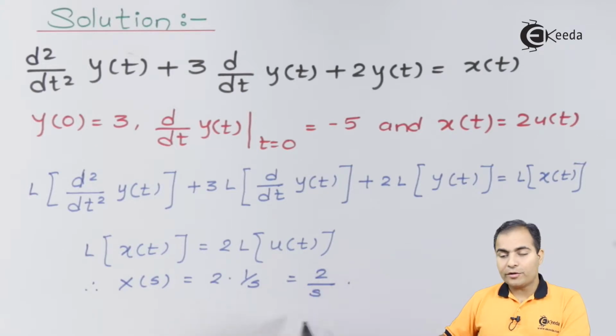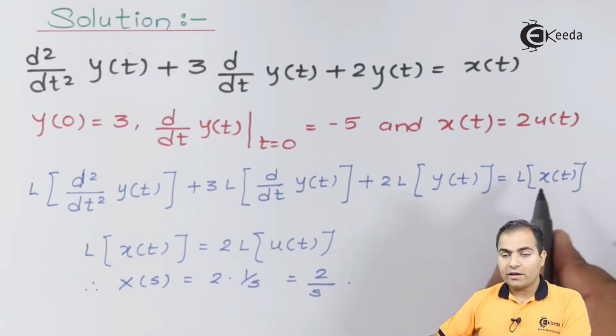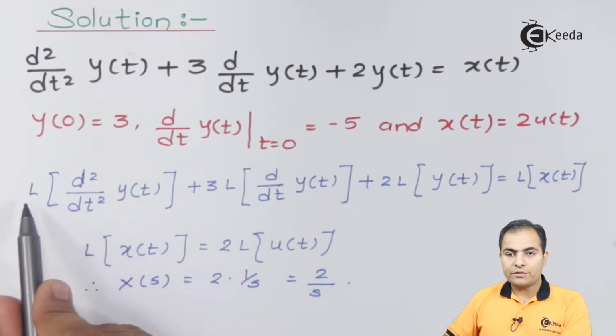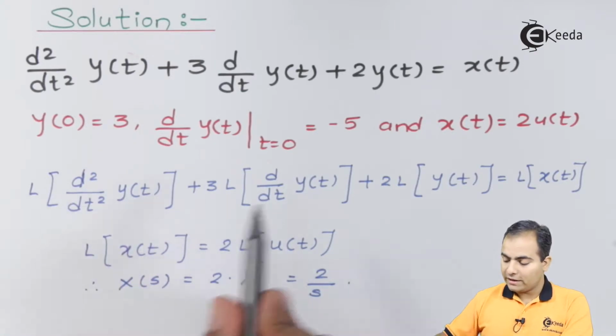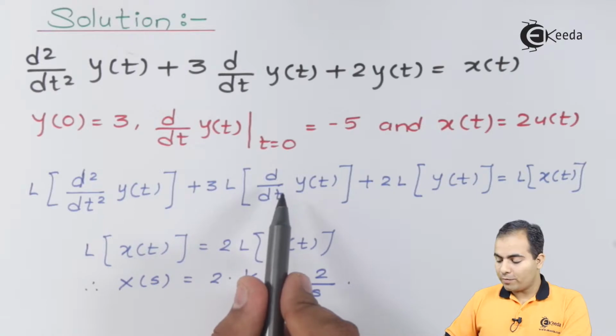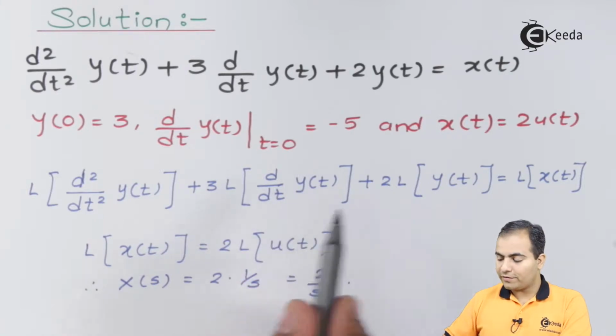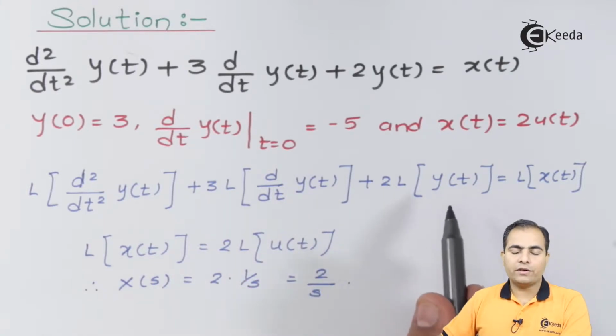Now I'm going to substitute this value over here, as well as the values of the Laplace transform of the second order differentiation of y of t, then the Laplace transform property of first order differentiation of y of t, and at the end the y of s only.